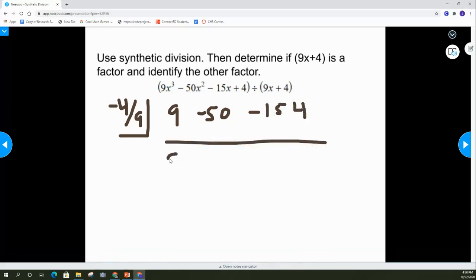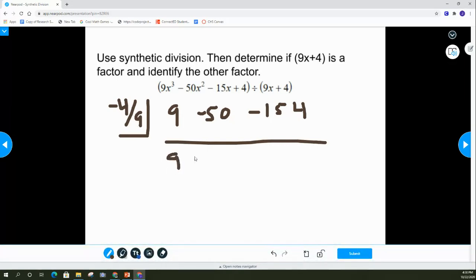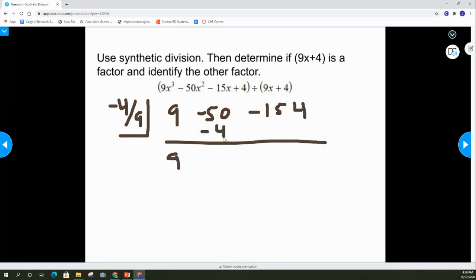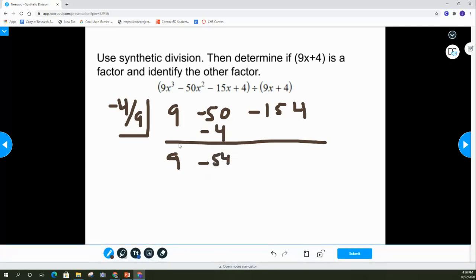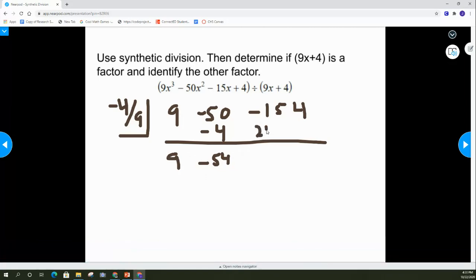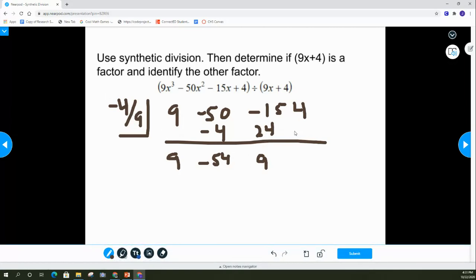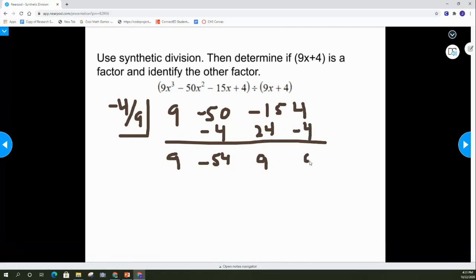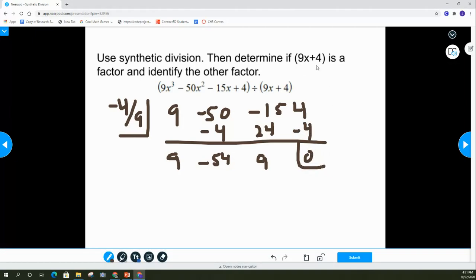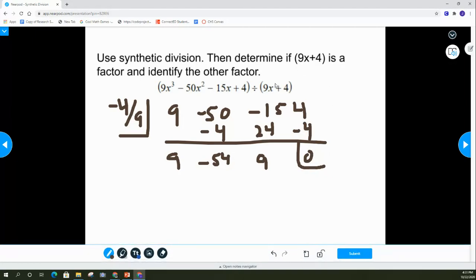Bring down the 9, multiply -4/9 times 9 is -4. Add, -54. -54 times -4/9 is +24. Add, that's 9. -4/9 times 9 is -4. That is 0. So 9x plus 4 is a factor.